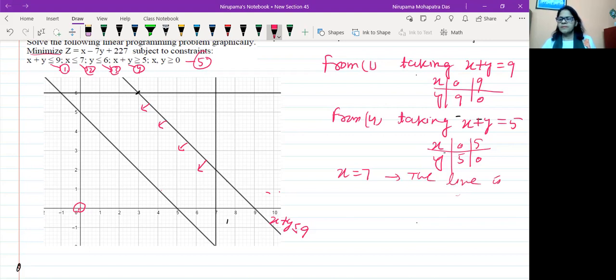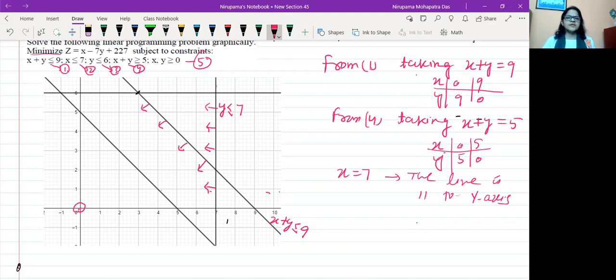X equal to 7 means the line is parallel to y-axis. When x is constant, the line is parallel to y-axis. Less means it will be towards left, so the arrow mark will be towards left.